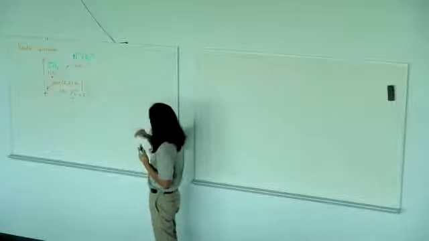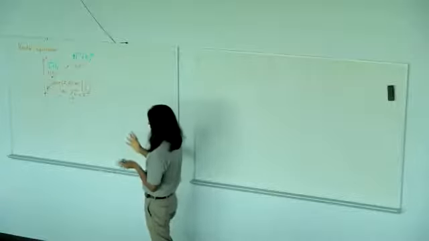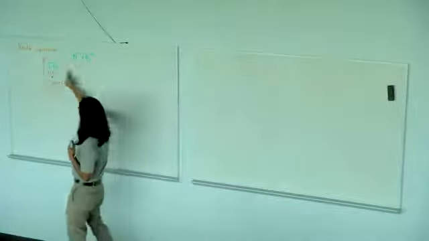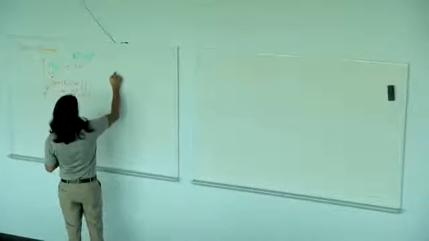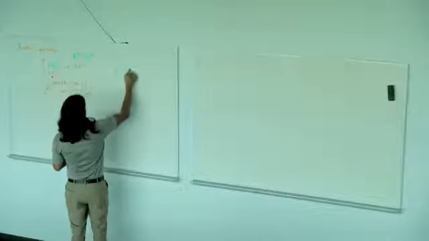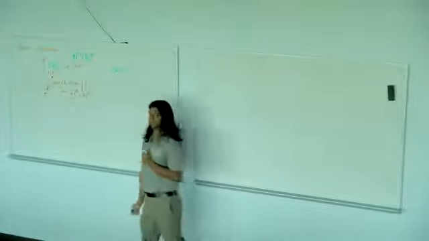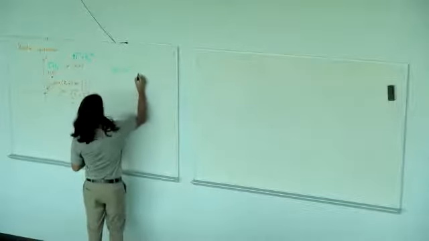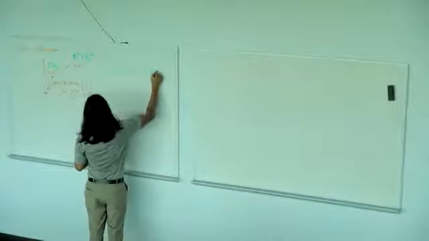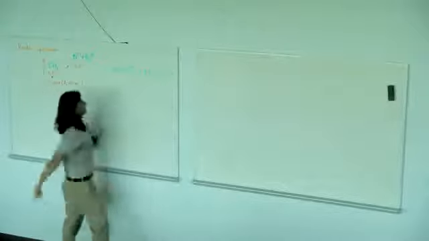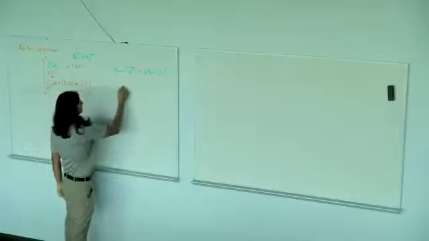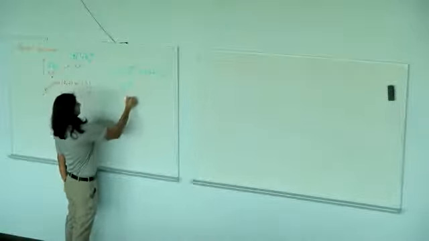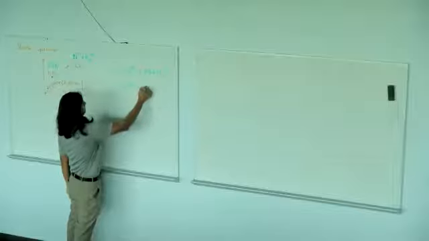If we want to look at just the distance between those two, what we can do is write it this way. 3 minus 1, times the I vector, plus 5 minus 3, times the J vector. Good. And that would give you 2I vector plus 2J.